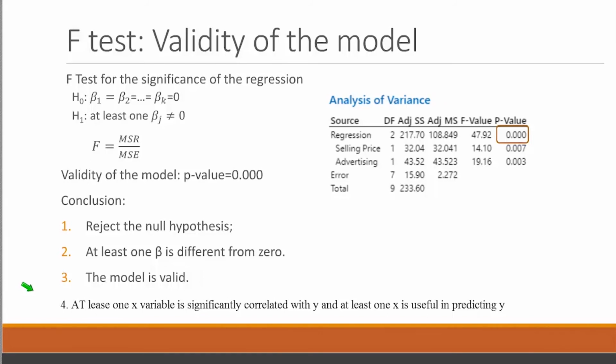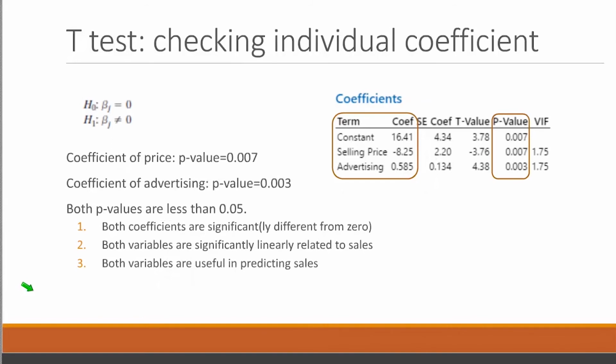Especially when we have multiple x variables like 5 or 10, you do not honestly expect all of them to be useful in predicting y, all of them to be highly correlated with y, but you do want to know which ones are. That goes to the t-test, which is used to test each individual coefficient to see how each of the x variables is correlated with y.